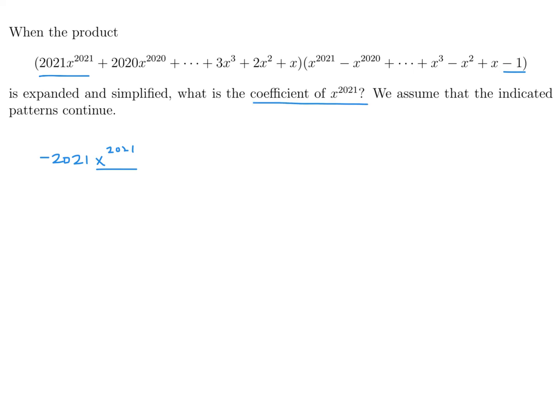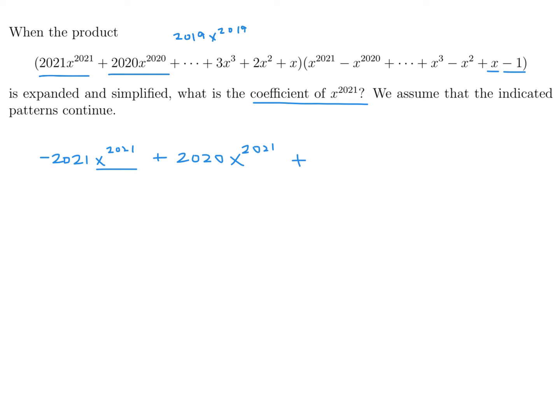Okay, so how else can I get it? I get it with this multiplied by the x. So that would be plus 2020 x to the power of 2021. Great. And then how else can I get it? Well, I can keep going. The next one, they don't write it in here, but I'll write it in. It will be 2019, right? x to the power of 2019, I believe.